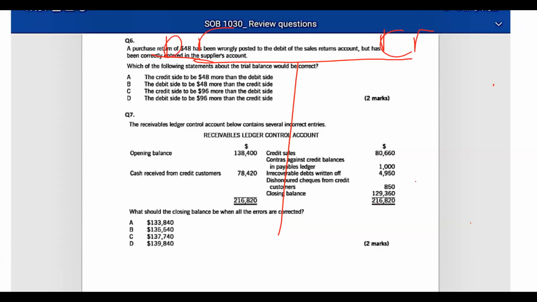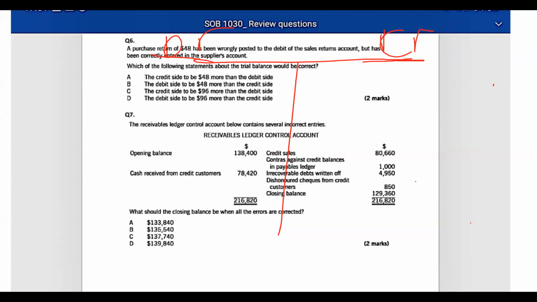Then what happens with the receivables control account? Where does the opening balance fall for the receivables control account? Is it on the debit side or credit side first? Don't worry, I'll talk about the control accounts again in our next meeting, but as from today, just get an idea.